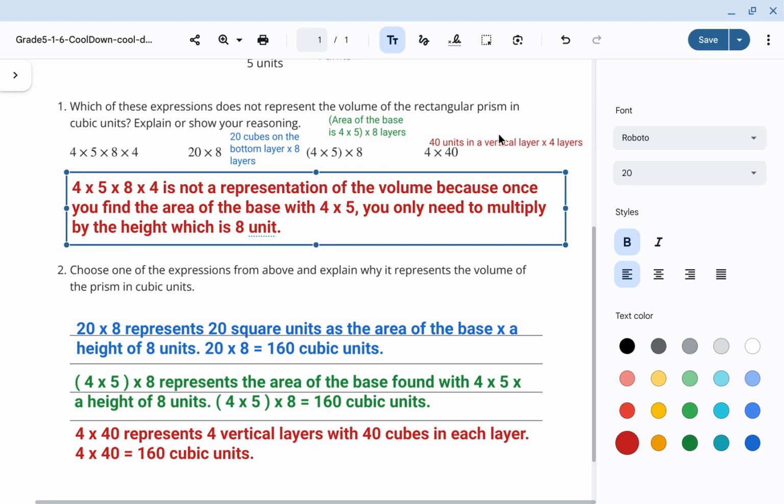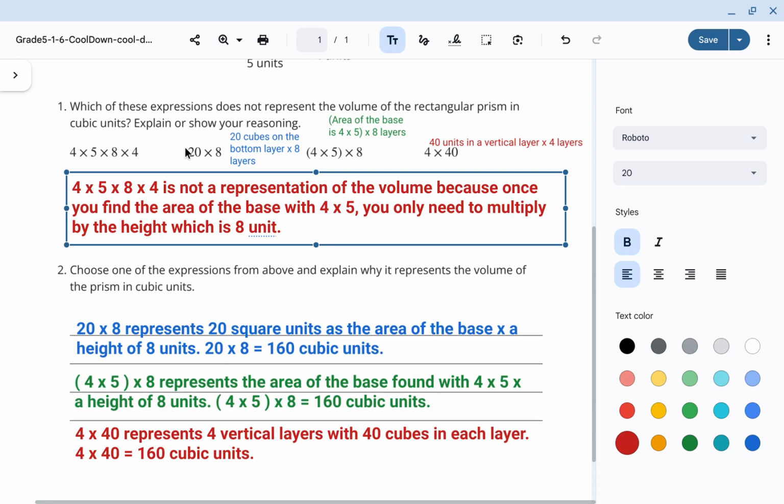The final expression is 4 times 40, and 4 times 40 represents 4 vertical layers with 40 cubes in each vertical layer. So 4 times 40 equals 160 cubic units. So in essence, boys and girls, this very first expression, we have explained why it is not an example in the words that have the box around them, the rectangle around them.